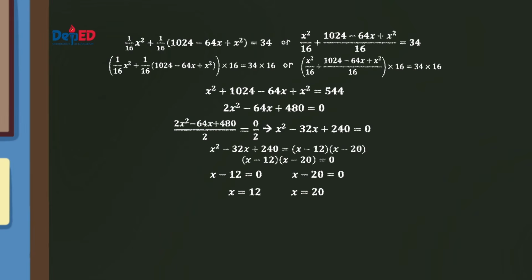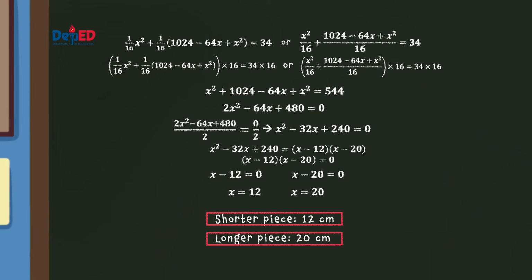We let x be the length of the shorter piece, hence x must be 12. The shorter piece is 12 centimeters, while that of the longer piece must be obtained by subtracting 12 centimeters from 32 centimeters, in which the result is 20 centimeters, since its length is represented by the expression 32 minus x. Problem solved!